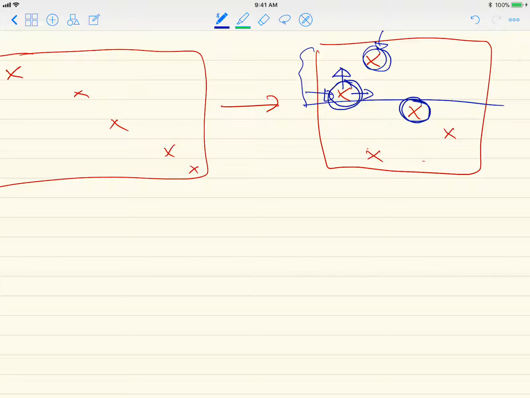So we should satisfy the second condition for every leading entry. In this case, this one is okay, and this one is okay, but this one is not okay, right? So this violates the second condition.